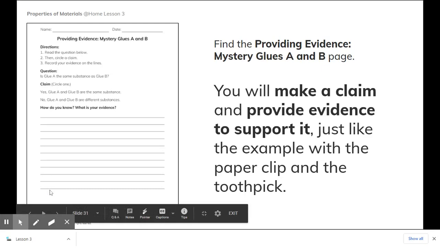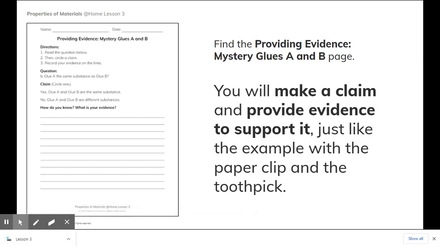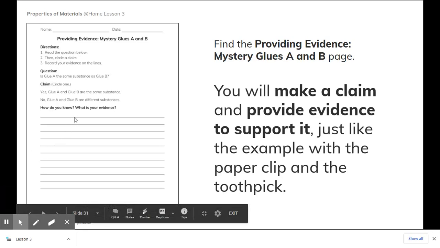I'm posting all of the hands-on videos that we've watched so far, the one in which we observed the properties, as well as the two that we watched today of testing the sticky test. You can review those videos and talk with your partner about what you think before you write, but then you are going to write your ideas.